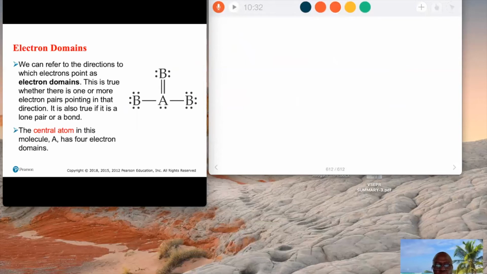In preparation to predict a molecular geometry, we need to know what is meant by electron domain. An electron domain is defined with respect to the central atom. Remember, what we are basing the molecular shape on is the central atom.